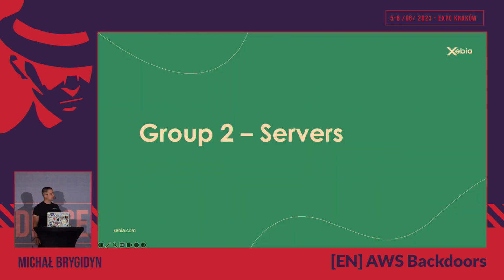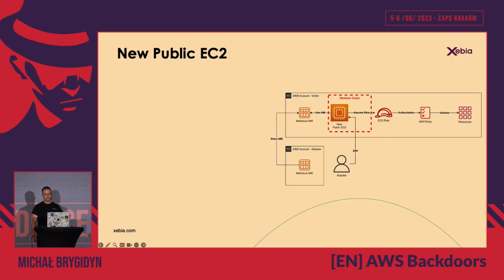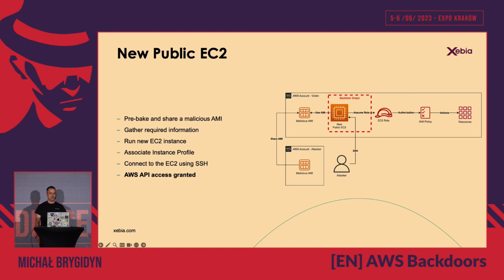Let's jump to the second group, servers. First one, just start a new public EC2 that has a role attached to it. To do that, let's prepare. First of all, I want to have an external account on which I will run my EC2.